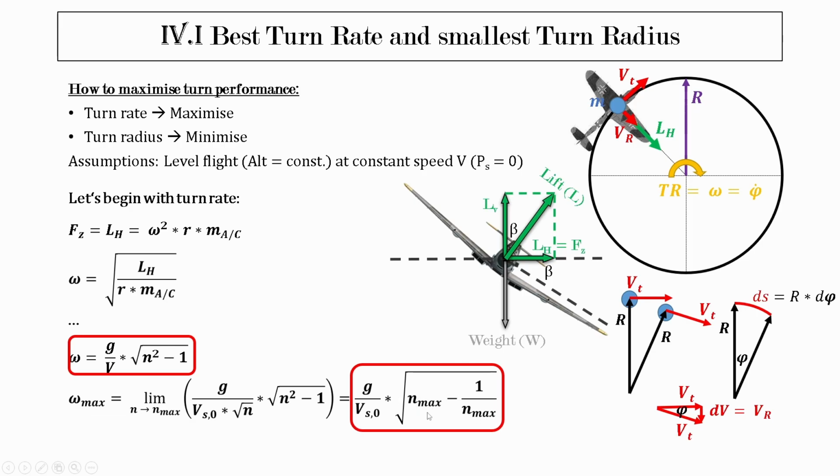How much higher would my load factor have to be to overcome a higher stall speed? That is something that would be possible. So it's not just stall speed, but since we are talking about conventional airframes with more or less similar thrust to weight ratios that are in the same ballpark, you can assume that, as I said, the lower the stall speed of an aircraft, the better it turns, because the more turn rate it can generate.